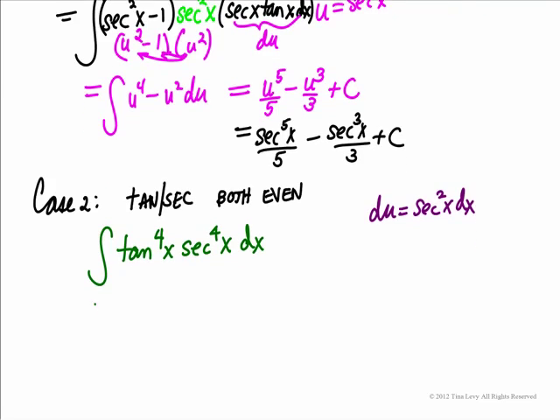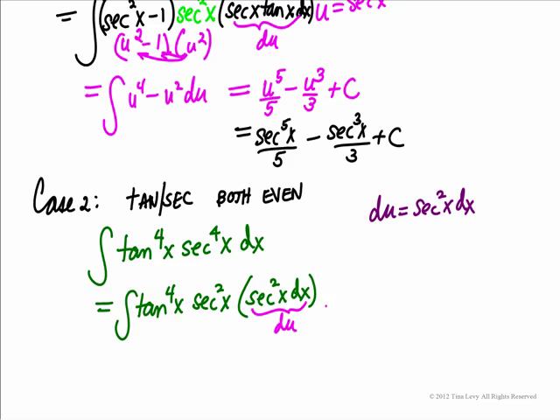Working this, it can be written as tangent to the fourth x secant squared x, and then we've got our secant squared x dx. Secant squared x dx is du, which means it came from u, which was tangent x. So we are going to have to transform the other secant squared into tangent squared, using a Pythagorean identity.